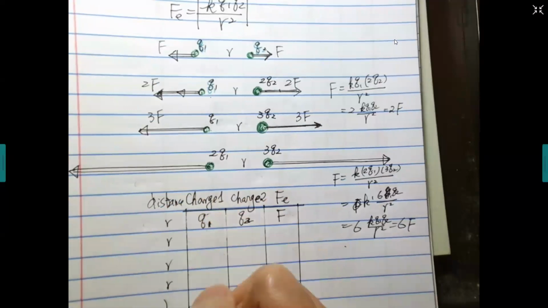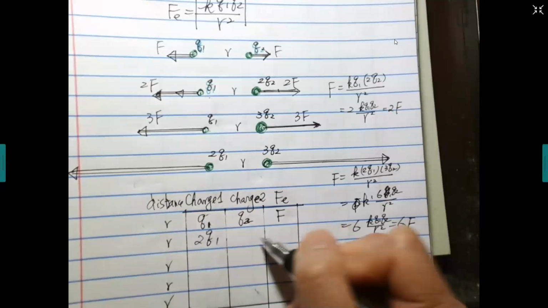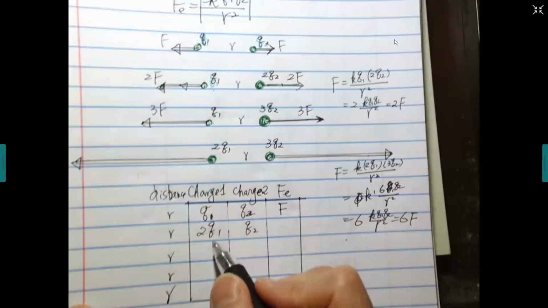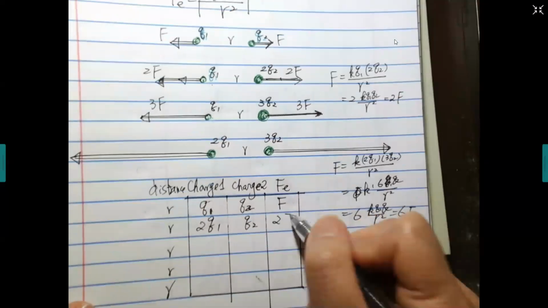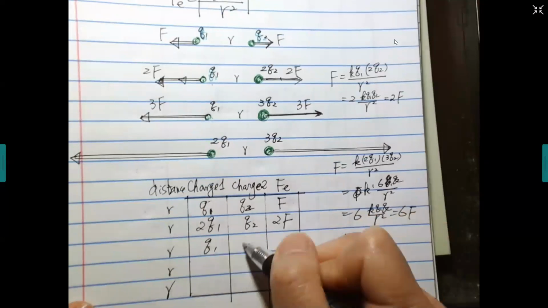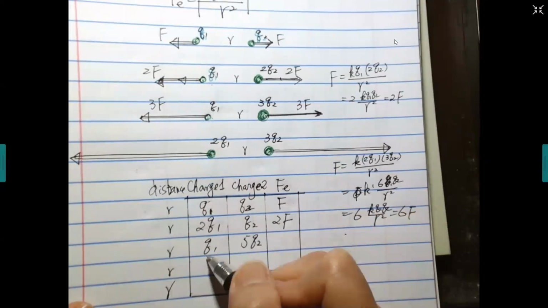When Q1 becomes 2Q1 and Q2 remains the same, one of them is doubled, so the force is doubled. Now, if one of them becomes 5 times, then the force becomes 5 times.